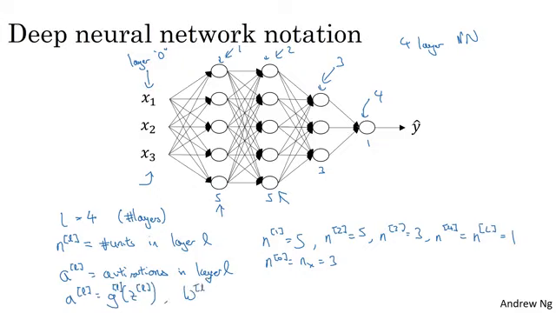And then we'll use w[l] to denote the weights for computing the values z[l] in layer l, and similarly b[l] is used to compute z[l]. Finally, just to wrap up on the notation, the input features are called x, but x is also the activations of layer 0. So a[0] is equal to x, and the activation of the final layer, a[L], is equal to y hat. So a superscript square bracket capital L is equal to the predicted output, the prediction y hat of the neural network.